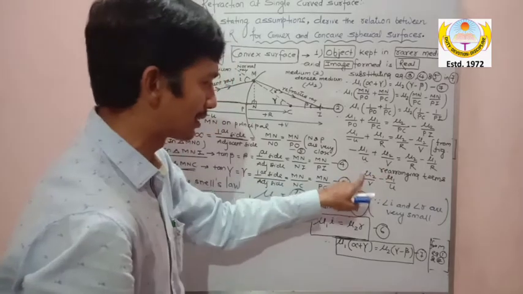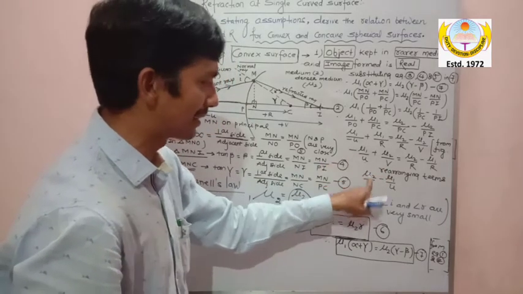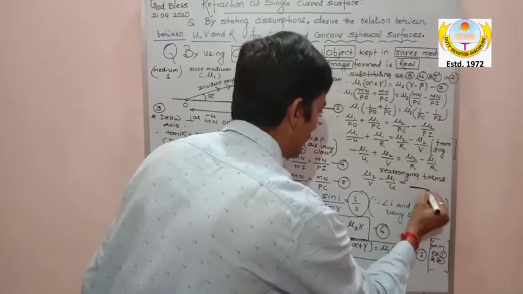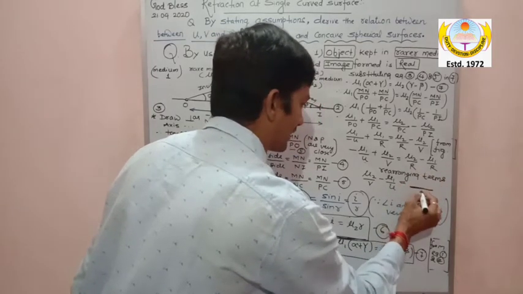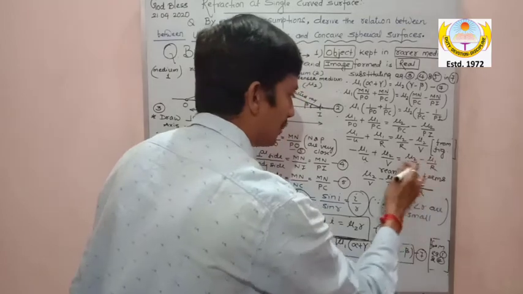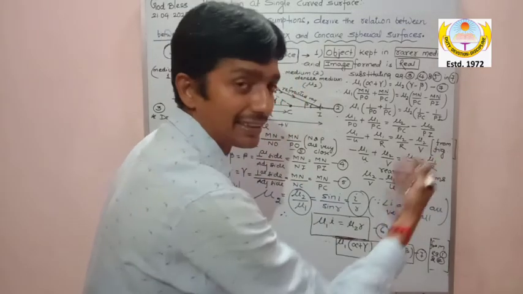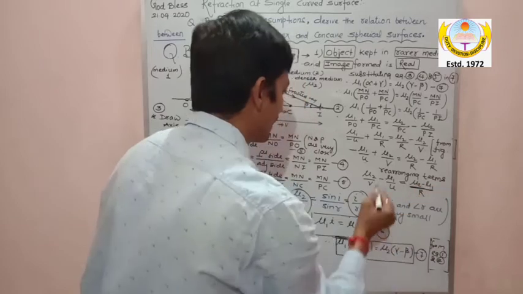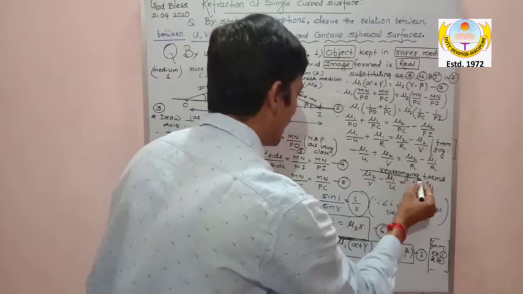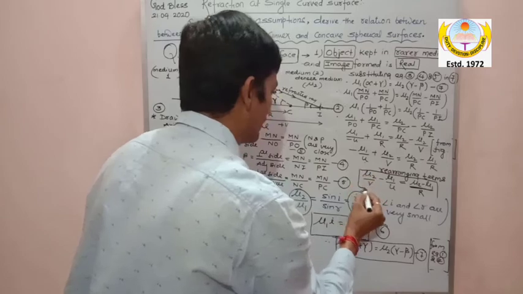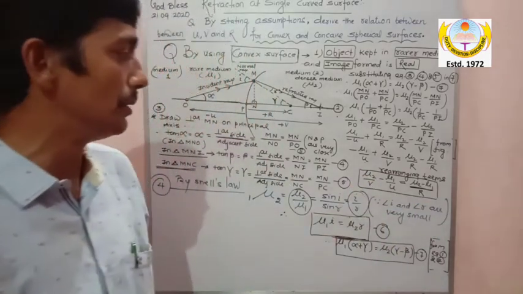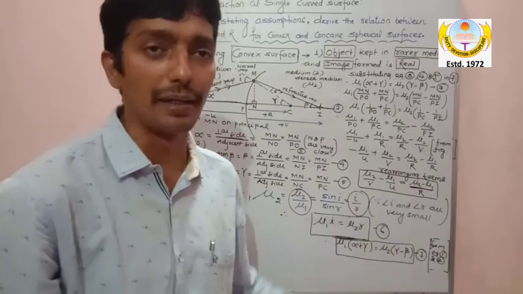This is in plus now, so I have written first, and this is in minus, I have written afterward, is equal to, here you can see my dear, the denominator is carrying the same LCM, that is r, so the numerator will be subtracted as given. So here it is mu2 minus mu1, and this is the answer for this question, my dear. This is mu2 by v minus mu1 by u is equal to mu2 minus mu1 divided by r.